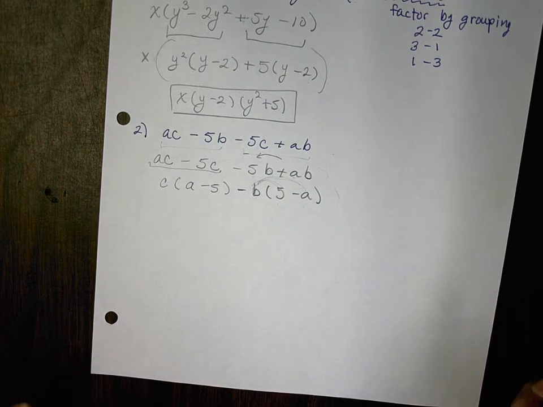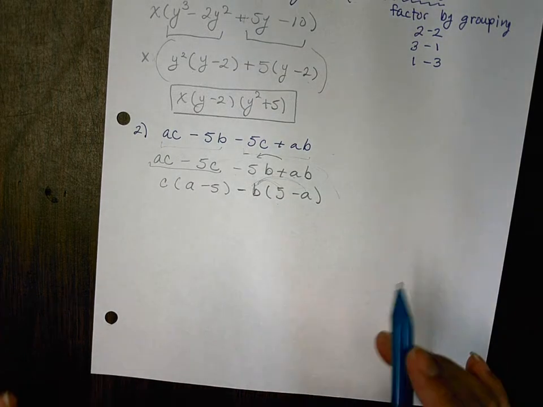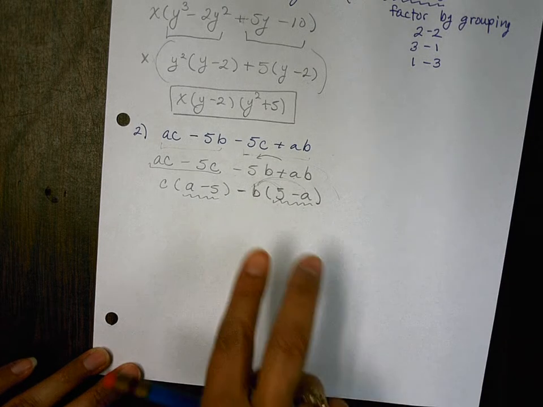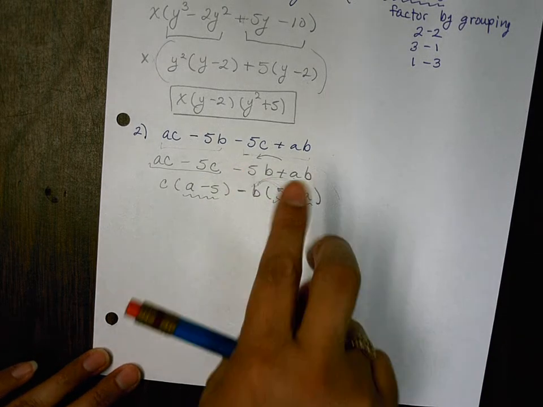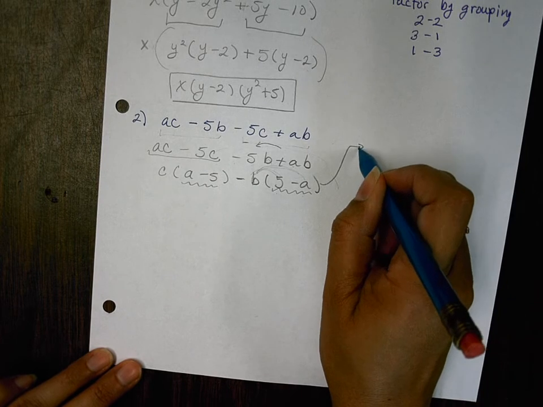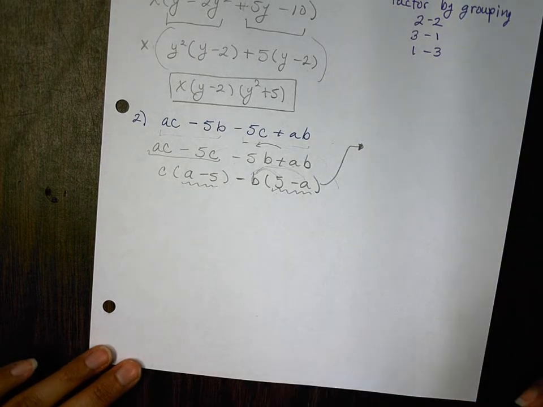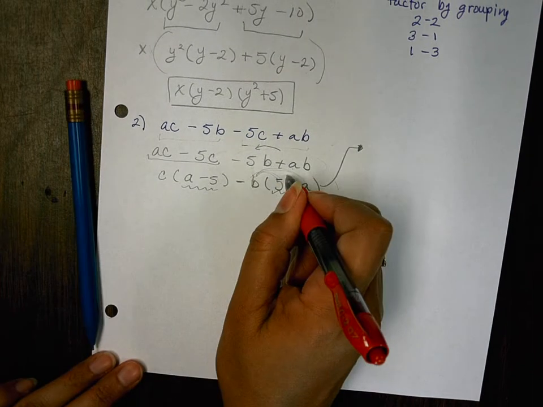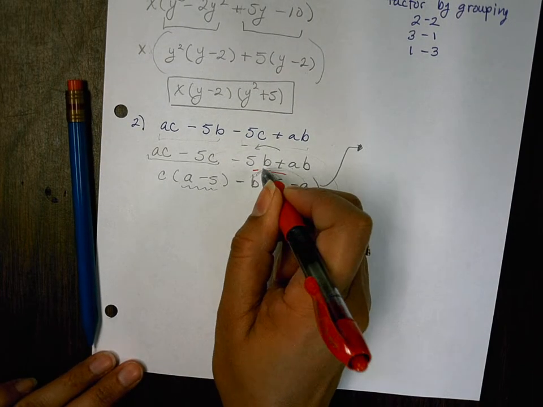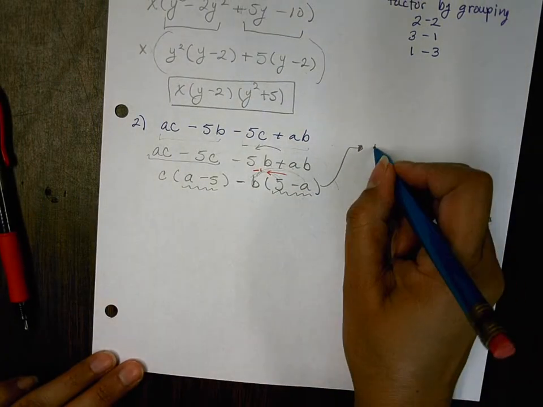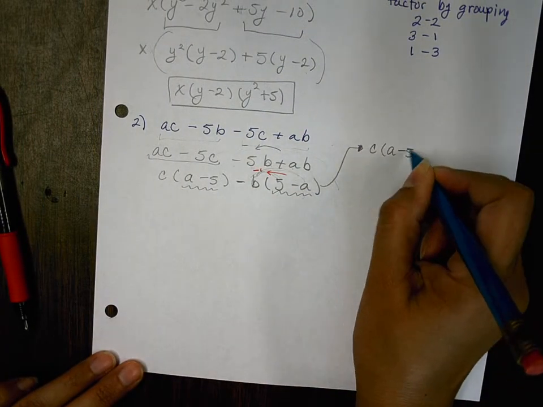Now you can see that these two things are not the same. You could have flipped the terms up here so that the positive came first, and that may have helped. I'm going to continue, in case you got this far and you're not sure what to do. These are called opposites. When you're working with an opposite, you can take out a negative. The C is going to stay, the A minus 5 is going to stay.